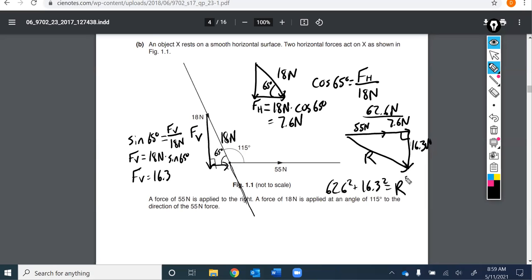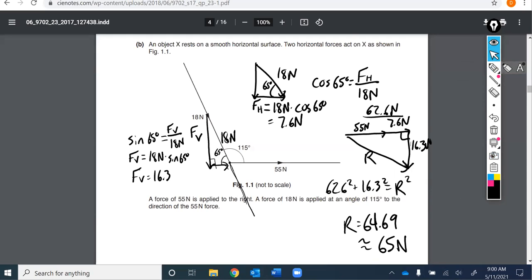Let's be creative. 62.6 squared plus 16.3 squared equals 4,185. We need the square root of that. And we solve that this R equals 64.69, which is indeed about 65 newtons, which is what they asked us to show.